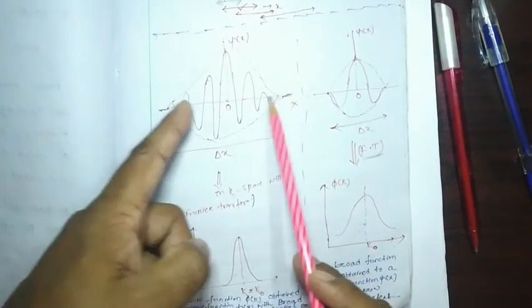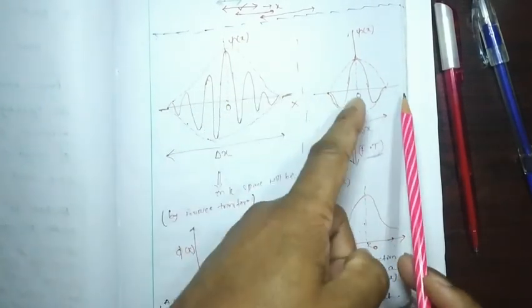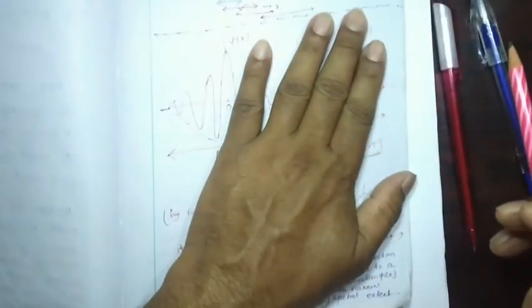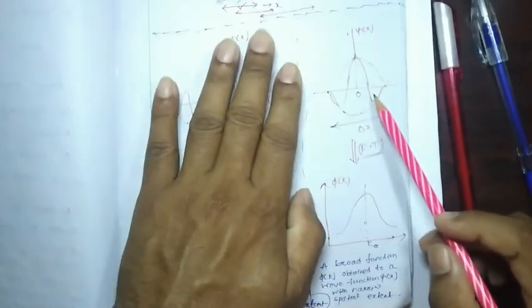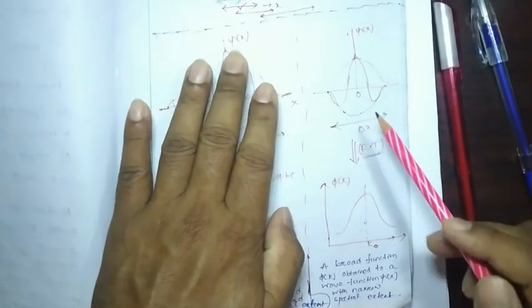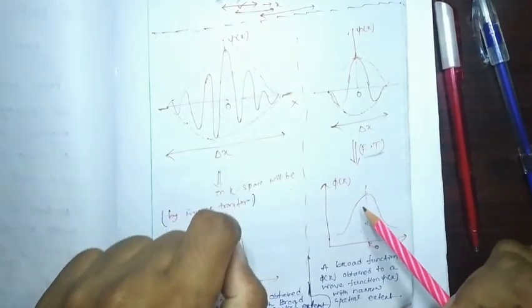If I reduce the spatial extent, the narrow spatial extent will be represented in k space as a broad peak.